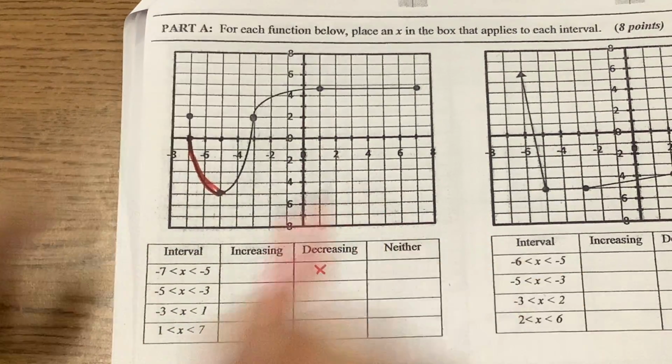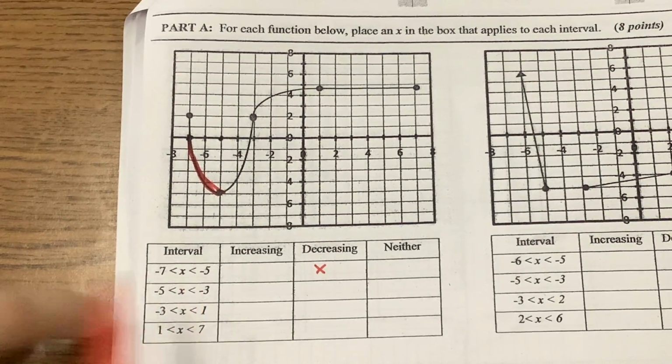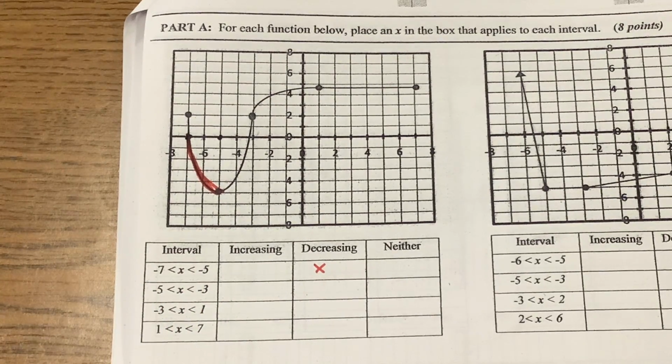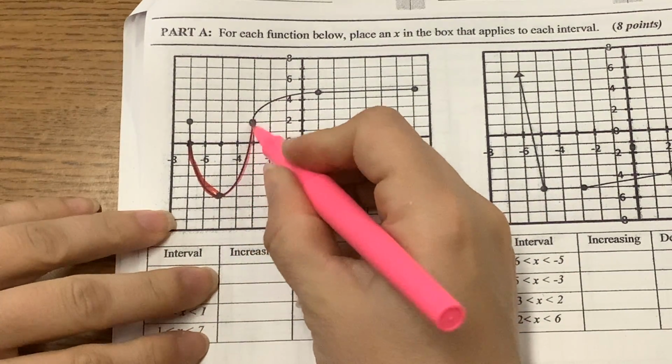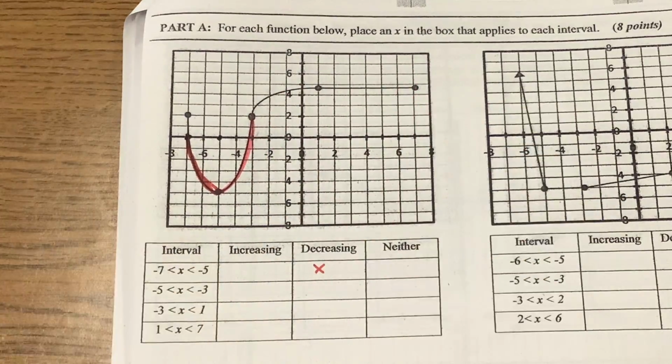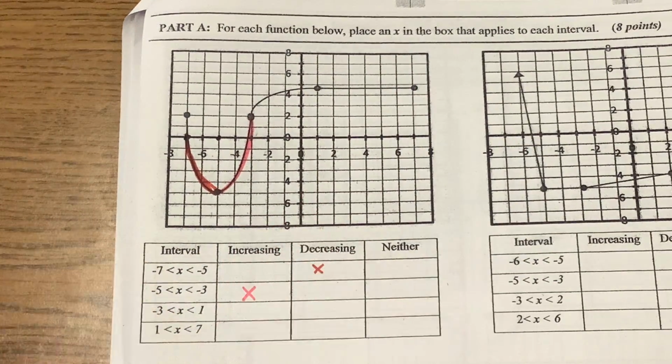Decreasing. All right, and then from -5 to -3. So -5 to -3 is that next segment. So from here to here, what's happening? Increase.